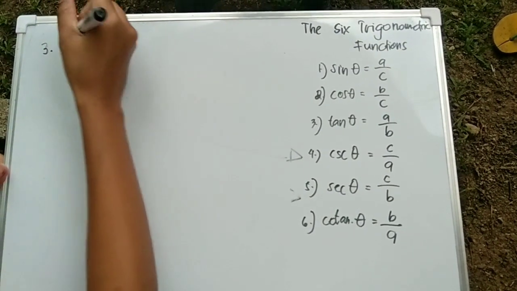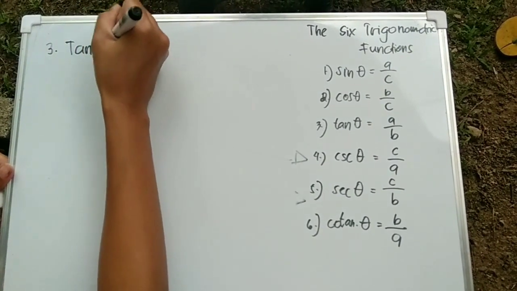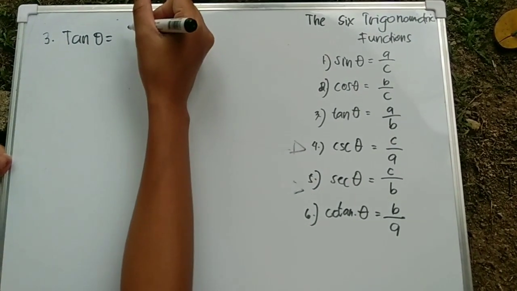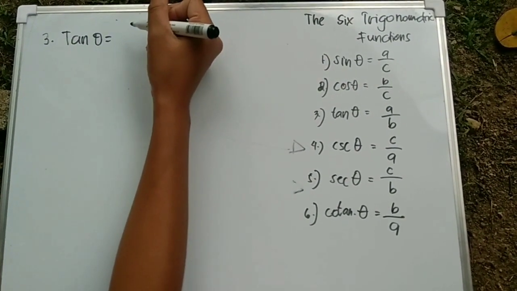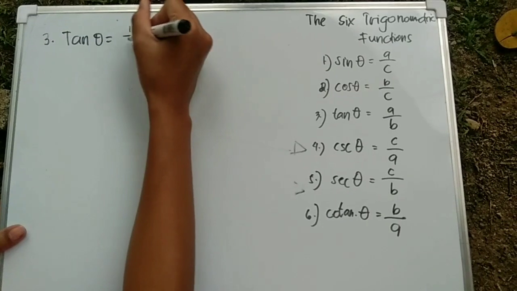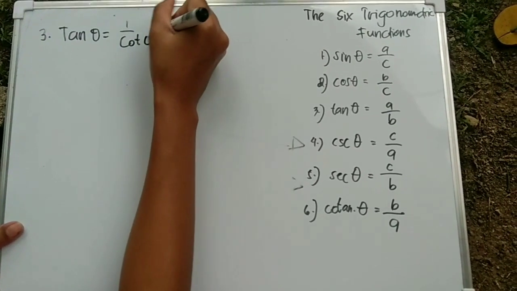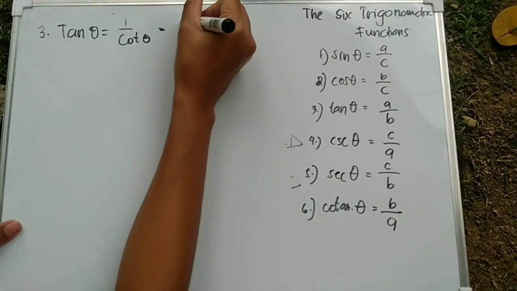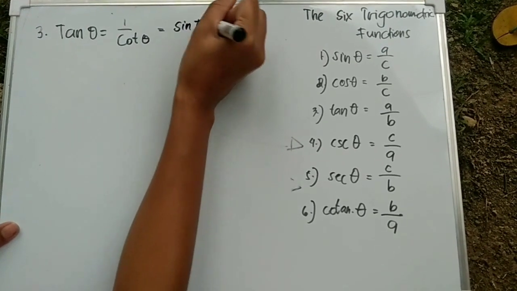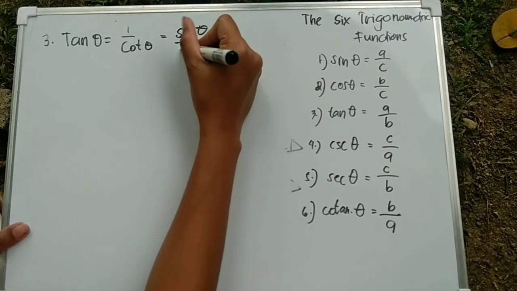So let's continue. We have number 3. The tangent theta is equal to 1 over cotangent theta, and it can also be equal to sine theta over cosine theta.